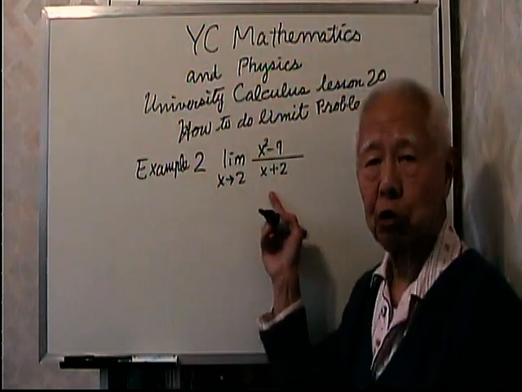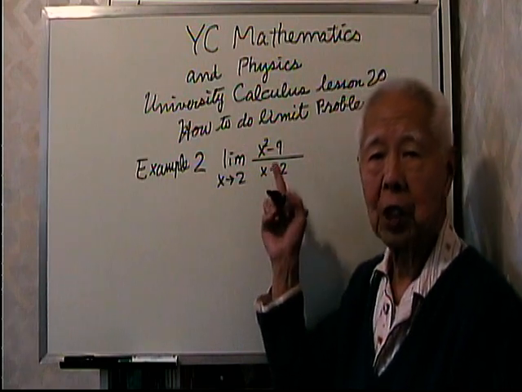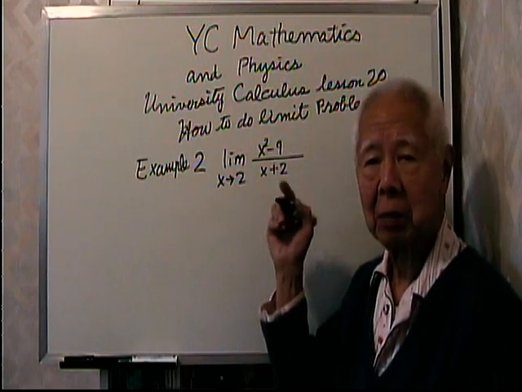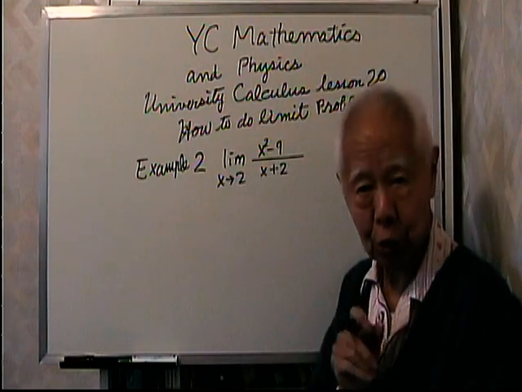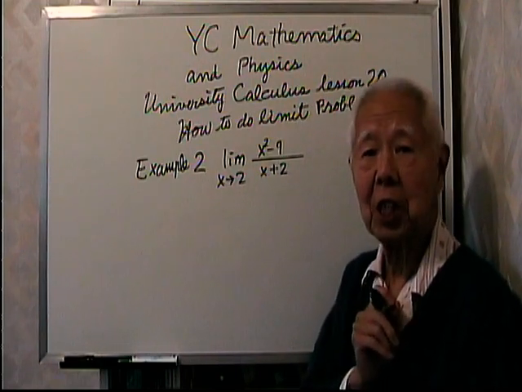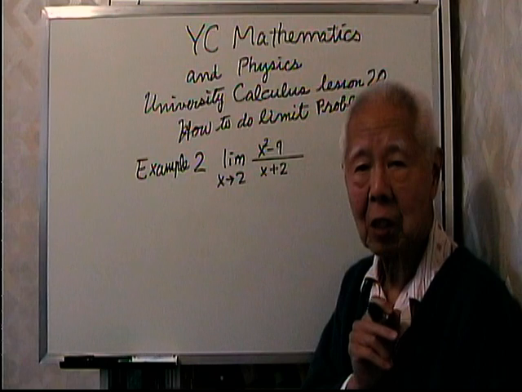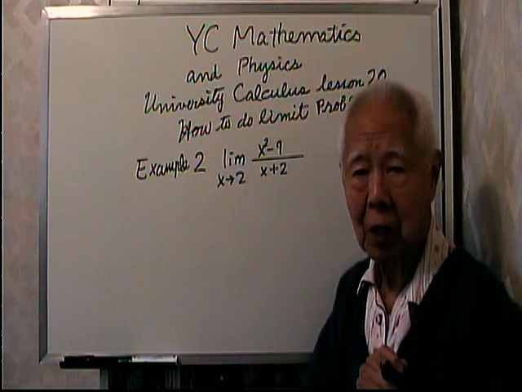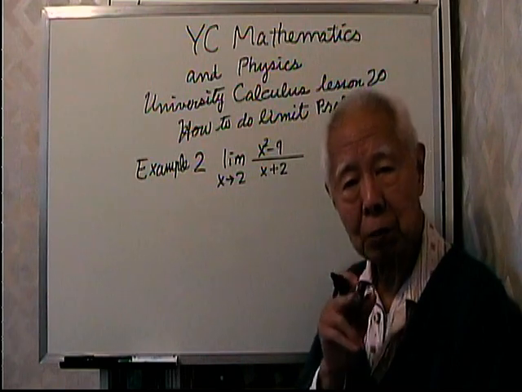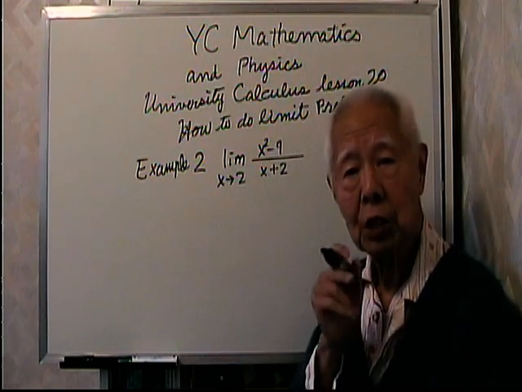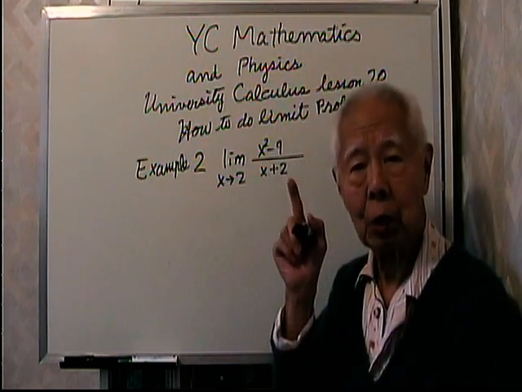I have a fraction. The numerator is x squared minus 9. The denominator is x plus 2. And the limit is when x approaches 2. Again, we substitute. We substitute the number 2 into the variable x.